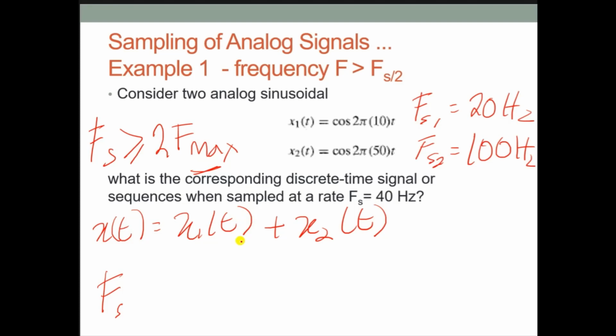When you have a combination of signals, you must look at the highest frequency in that combination, which is x2, then multiply that frequency by 2 to get your Fs. So in this case, it is bigger than or the same as 100 Hz for a combination of both signals. Okay, understand?